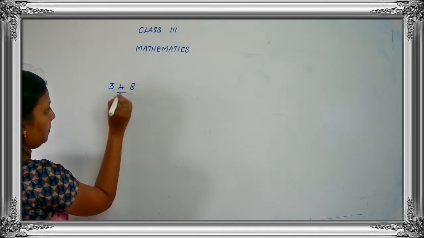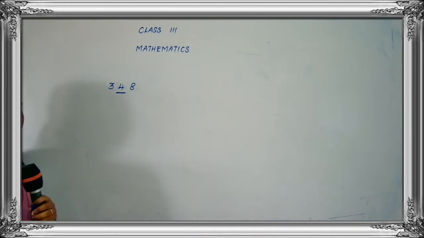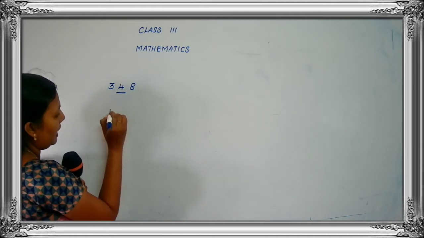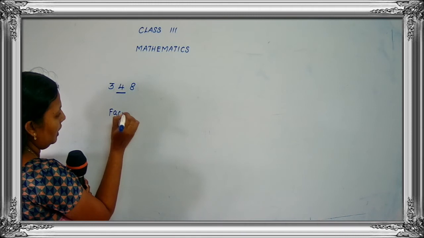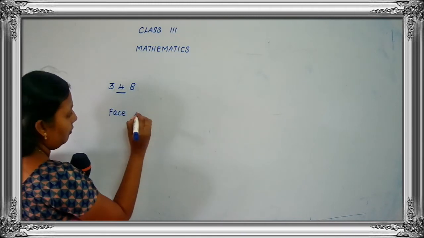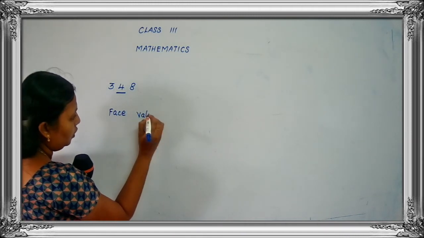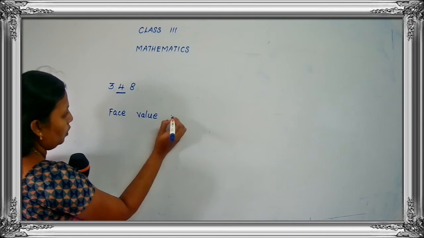Eight. Okay. Now the question is: write the place value and face value. First you want to write face value. F-A-C-E, face. V-A-L-U-E, value.